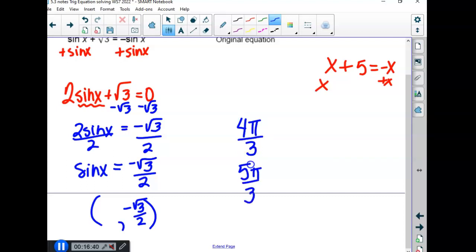Okay. And because it says all solutions, we have to say and every multiple forever, because if we graphed this, the sine graph would continue to hit square root of 3 over 2, negative square root of 3 over 2, over and over and over and over. Yes?